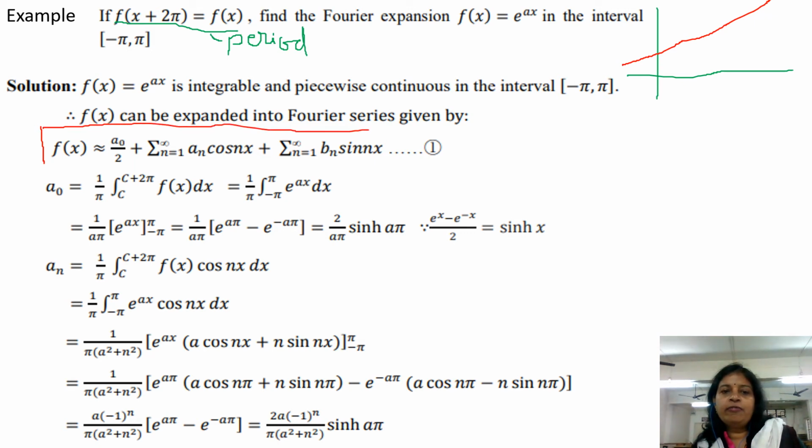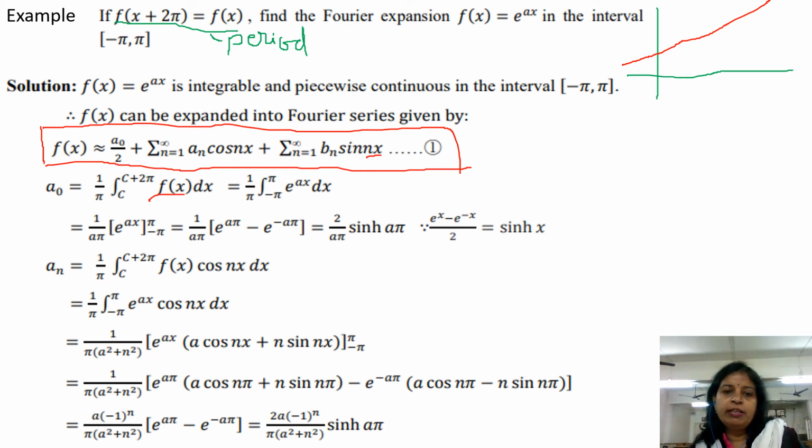Since we are taking standard limits, which is minus pi to pi, length of the limit is 2 pi. So 1 upon pi will, in place of f of x, in the formula of a0, we'll put e to the power of ax.